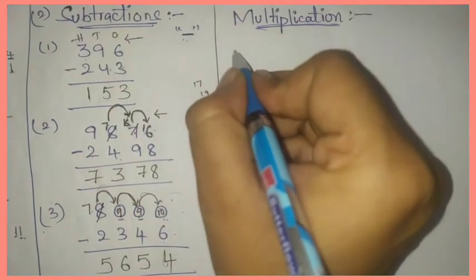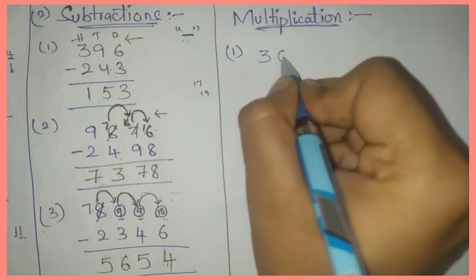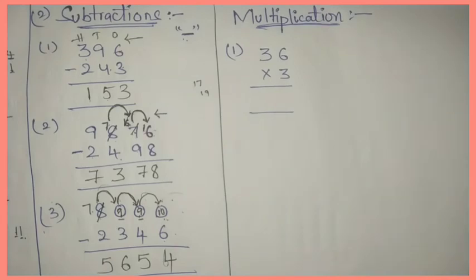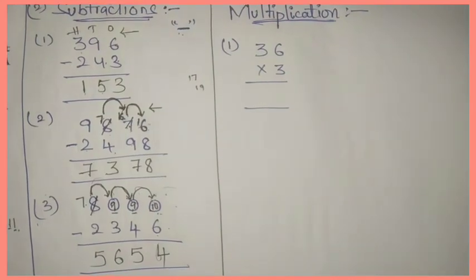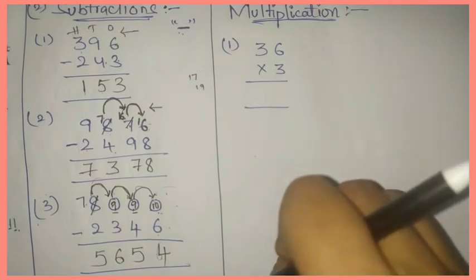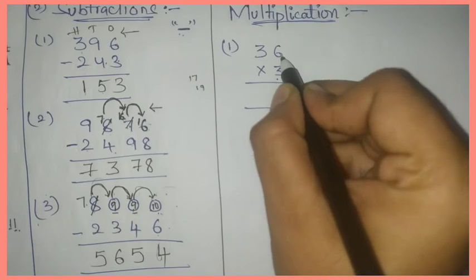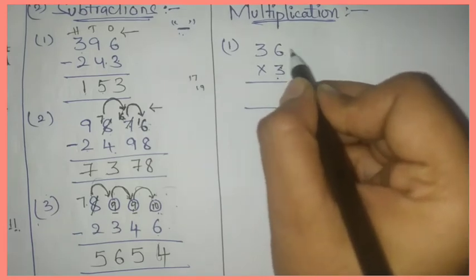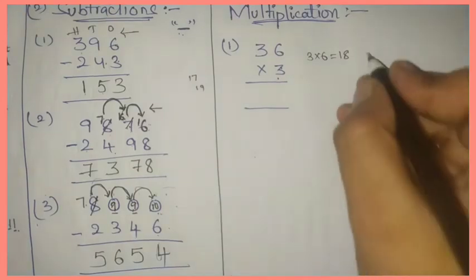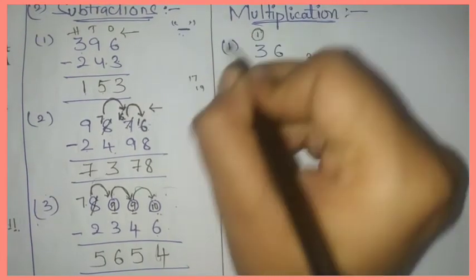Multiplications. For example, 36 into 3 is there. To do multiplication, we have to know tables. 3 sixes are 18. 18 is a 2-digit number, so we'll write 8 here, and this one is taken as carry.